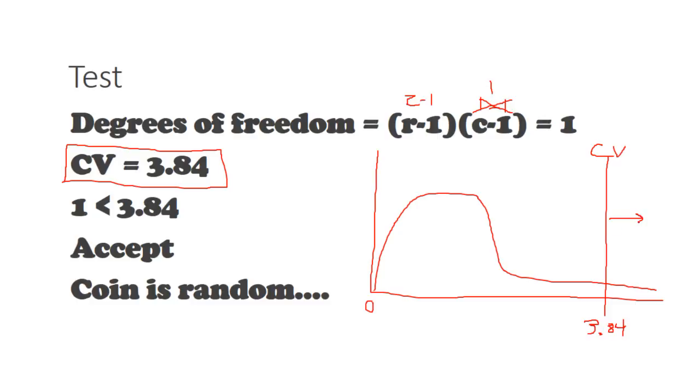Out here, again, is our old friend, rejection region. And back here is our old friend, acceptance region. So back here, we're random. And out here, we are not random.